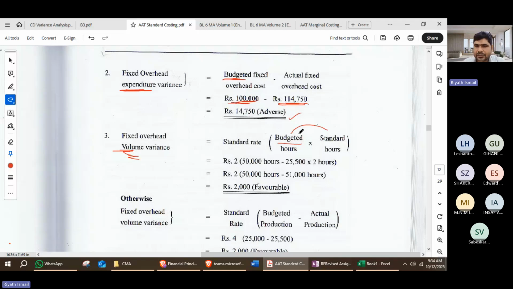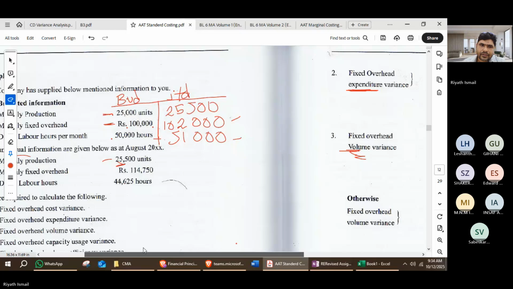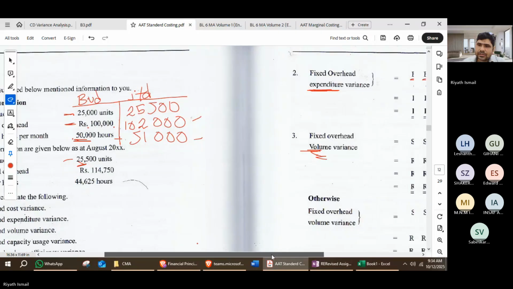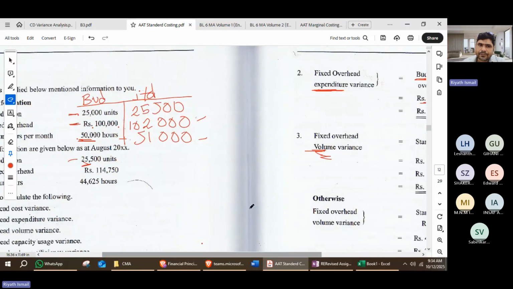If you use hours, budgeted hours, how much? 50,000 hours is given. Labor hours per month 50,000. Standard hours we calculated, 51,000.